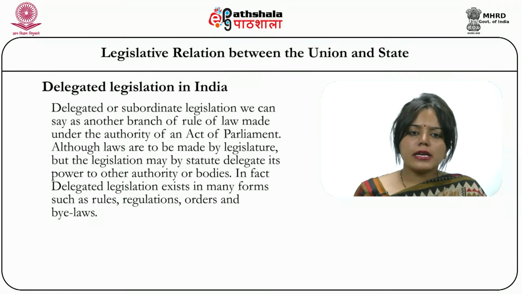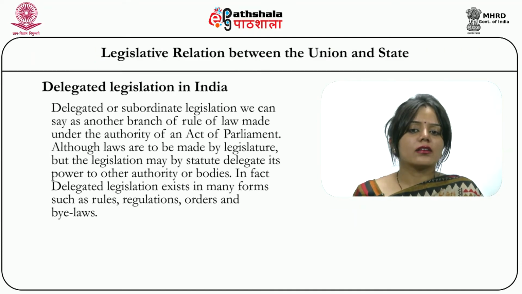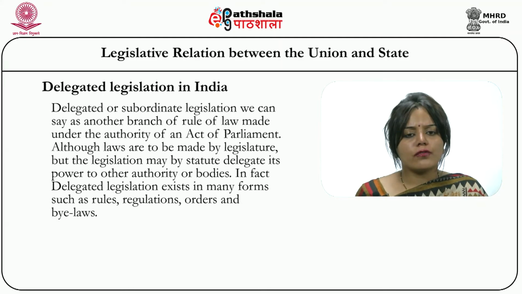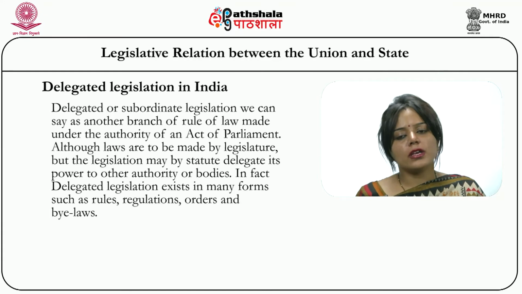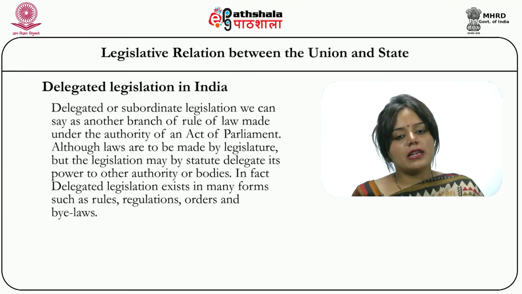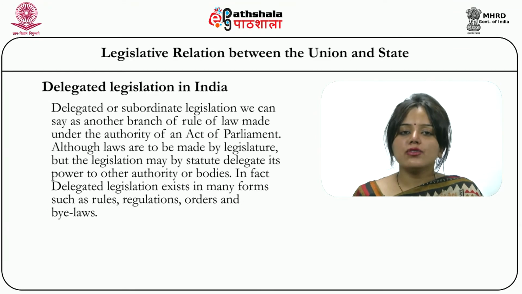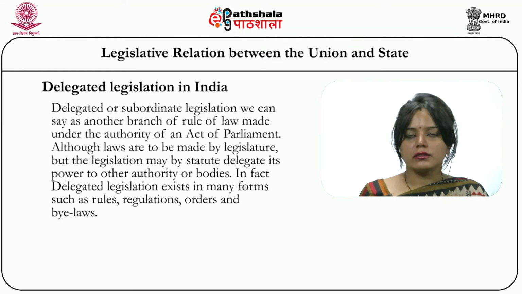Here, delegated or subordinate legislation we can say is another branch of the rule of law made under the authority of an act of Parliament. Although laws are to be made by the legislature, the legislature by statute delegates its power to other authorities or bodies. In fact, delegated legislation exists in many forms such as rules, regulations, orders and bylaws.